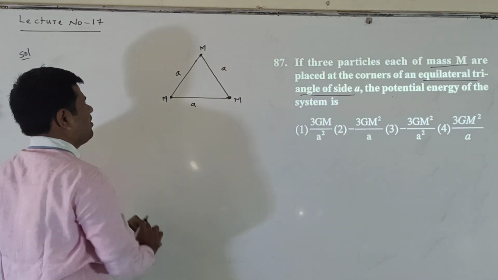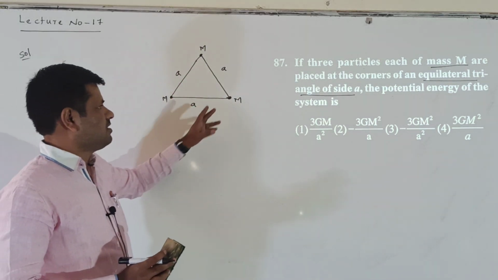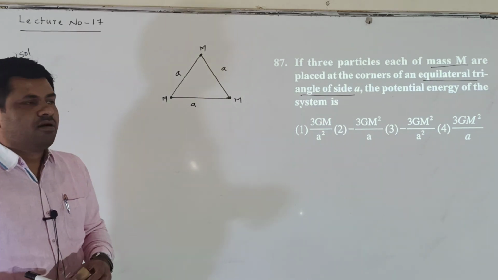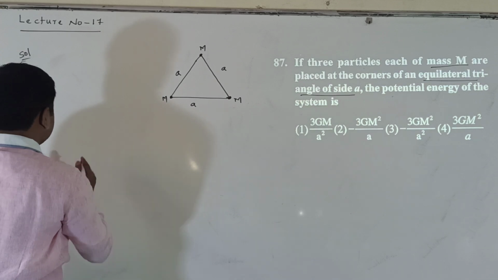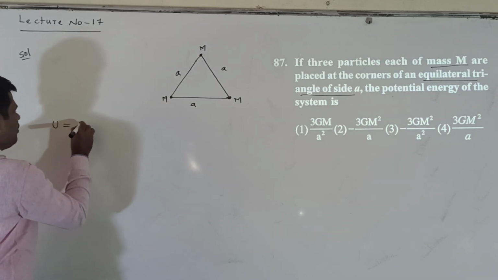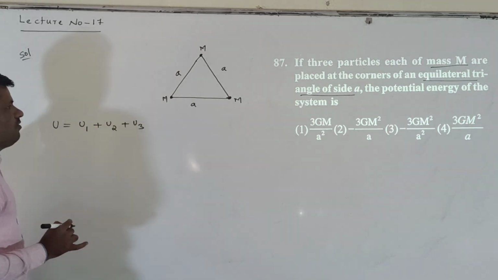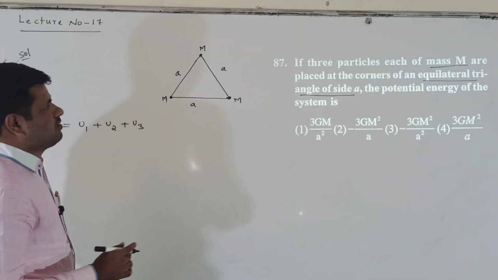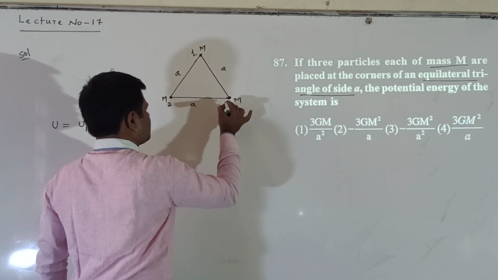Here the three particles are placed at the three corners of an equilateral triangle. Equilateral triangle means all the sides are equal. First of all, the total potential energy of the system can be written as U equal to U1 plus U2 plus U3, or you can write it like this also: this is the first particle, this is the second particle, this is the third particle.